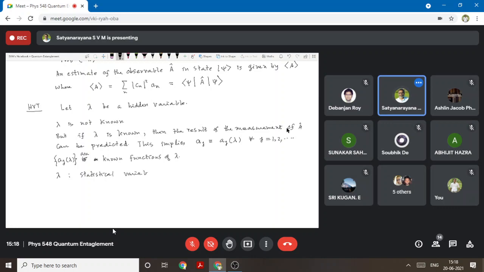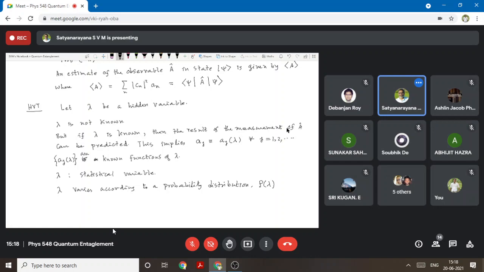I do not know it, but this lambda varies according to a probability distribution. According to a probability distribution, let us call that rho of lambda.